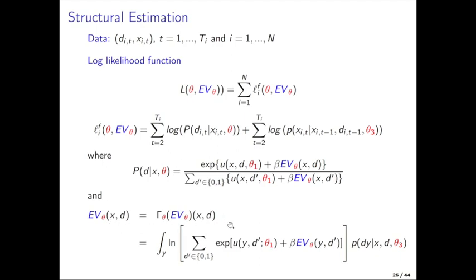You could do successive approximations, as you've tried many times, where you just guess an initial value of the expected value function. Since it's a contraction mapping, you can start from anywhere, and then you just iterate until it converges, and the contraction mapping ensures that you have a unique fixed point and you've got your solution.